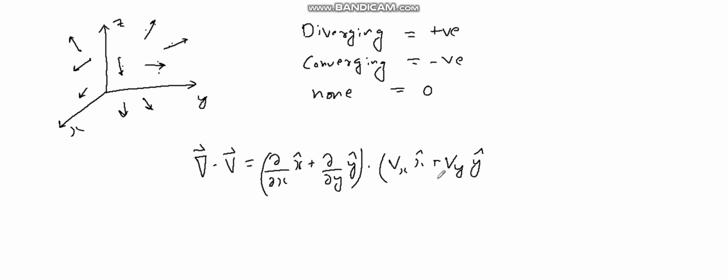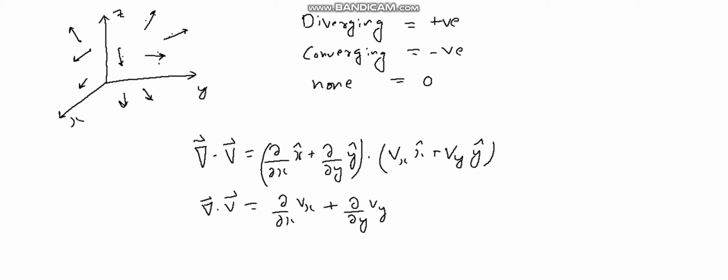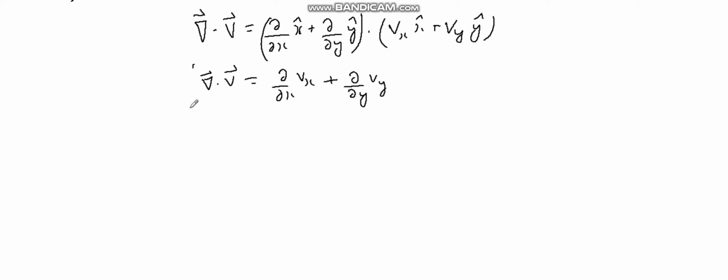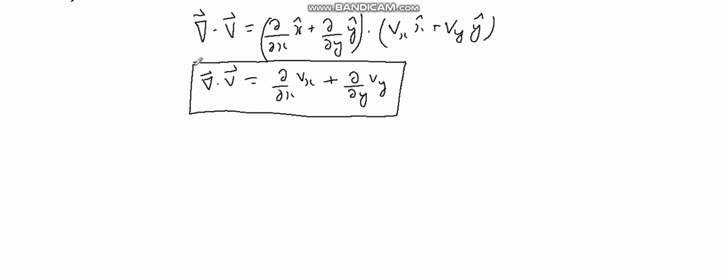This is a dot product, so only the matching components survive. Okay, so the divergence will be given by this equation. This is only true for the Cartesian coordinate system. For a different coordinate system, a different expression will be formed, which I am going to explain in the curvilinear coordinate topic.